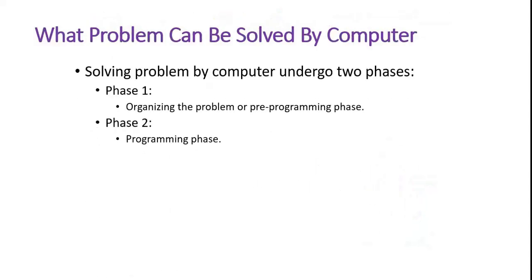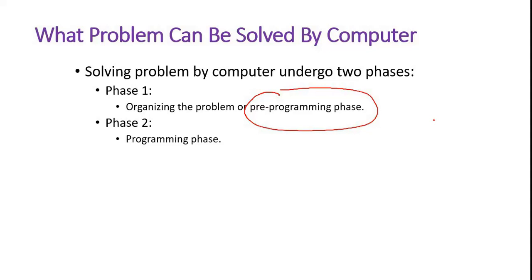So how will you solve problems using computers? There are two things. One is the pre-programming phase. Say VIT wants to maintain a student profile. There are 30,000 students in VIT, and they want to see the marks you are scoring and your attendance.